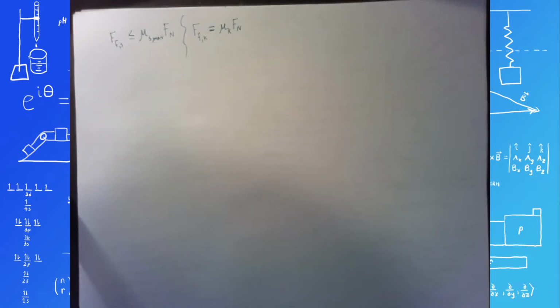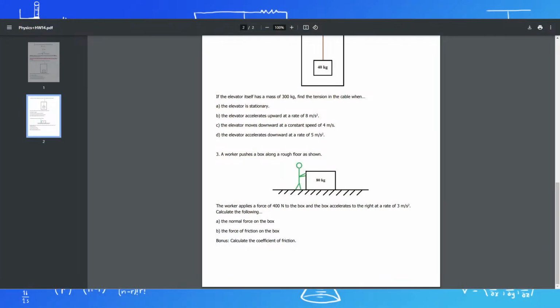There we go. Now we can go back to the problem that got us started on this. Let me see what page it was on. Here it was. The bonus question was calculate the coefficient of friction, and for that I guess I need to go back to where I did this.